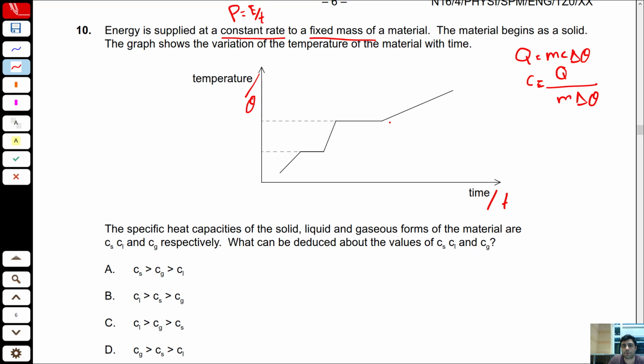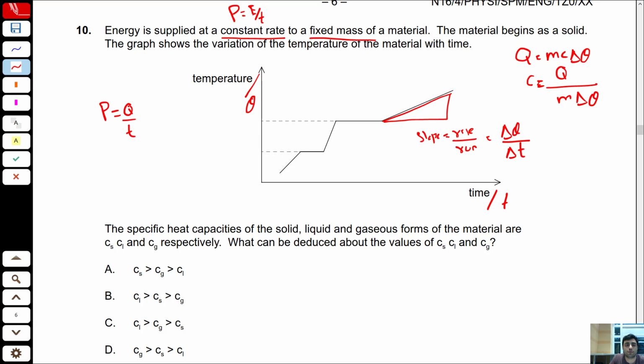Let's see, what does the slope of this graph represent? The slope is rise over run. The rise is in terms of delta theta, the change in temperature, and the run is in terms of time, which is delta t. Also, you need to know that power equals energy over time.